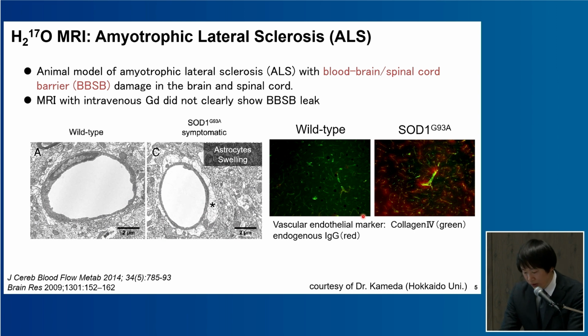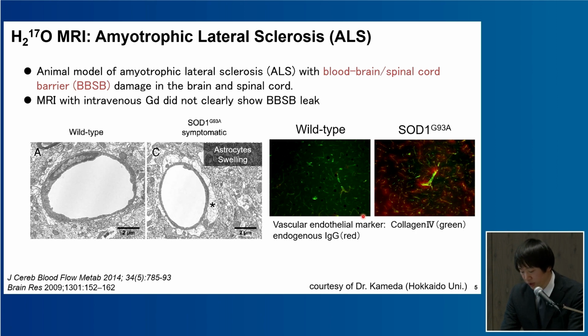Taking advantage of the characteristics of O17 MRI, we began to study ALS. ALS is known as a neurodegenerative disease that affects motor neurons. In Japan, it takes an average of 13 months from the onset of ALS to hospital diagnosis.